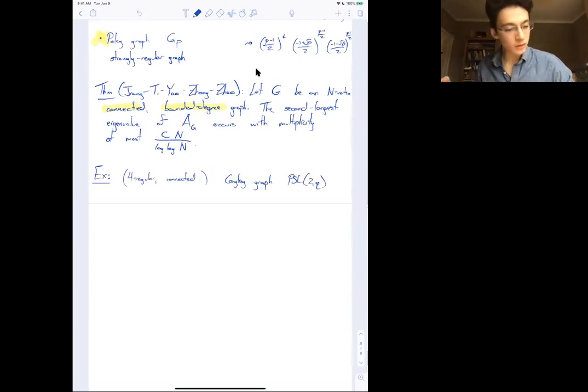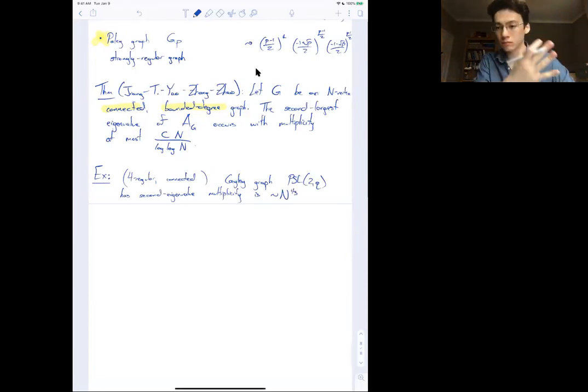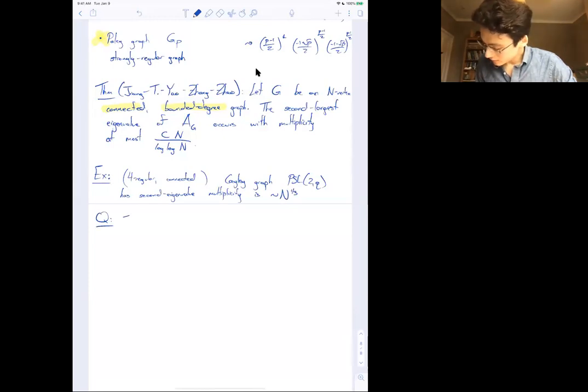And it's known that the second eigenvalue multiplicity here is on the order of n to the 1/3. So we get some fairly quick growth. So I think a great question is, what is the right order of growth?